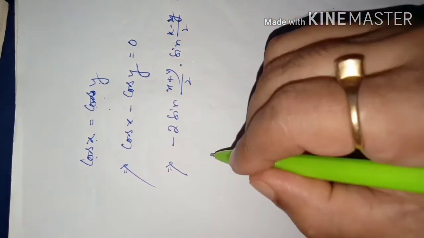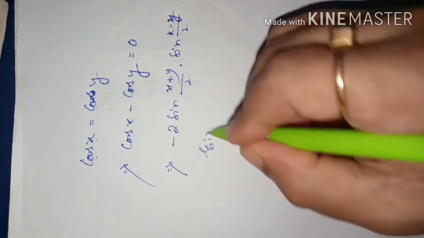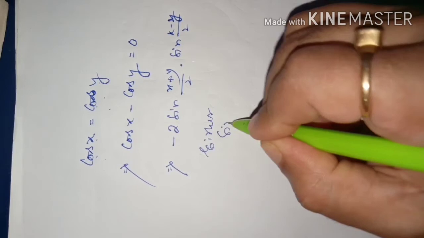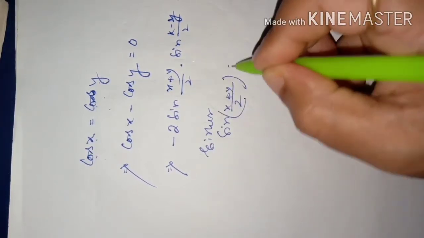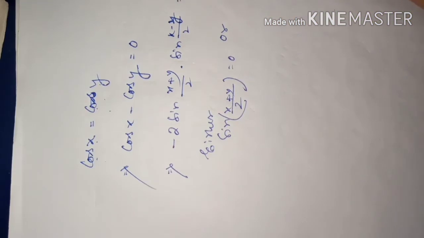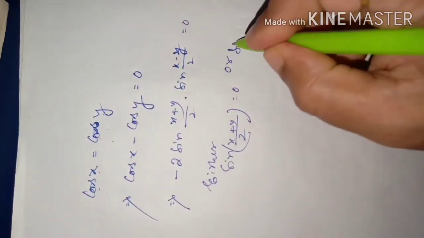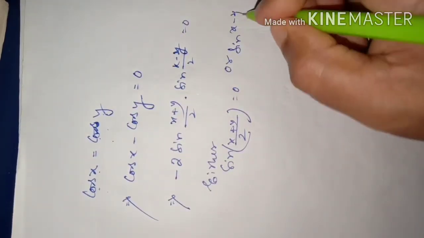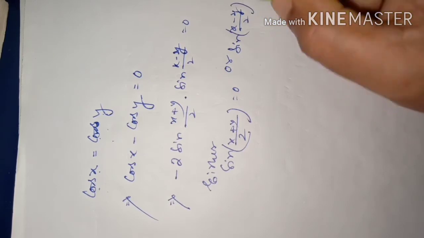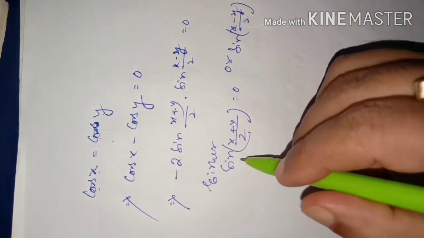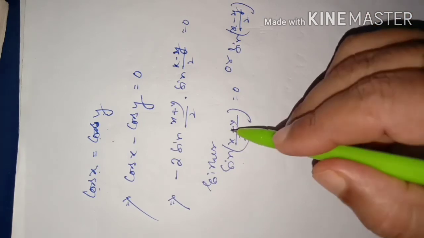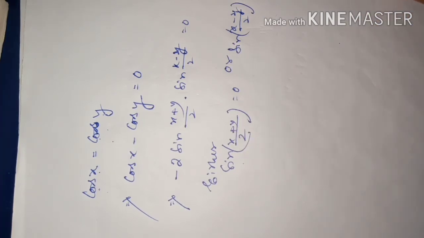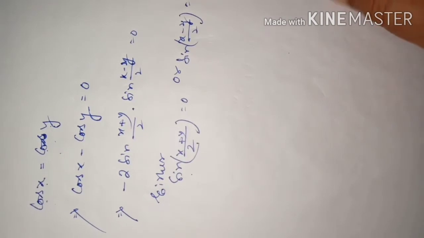So from this what you can say? Either sine of (x plus y) by 2 is equal to 0, or sine of (x minus y) by 2 is equal to 0. If sine, then you just think sine becomes 0 when this angle is an integral multiple of pi.